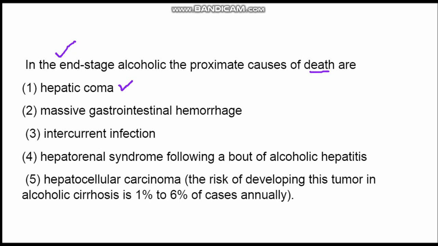Because of portal hypertension, it can lead to massive gastrointestinal hemorrhage. It can lead to infection, hepatorenal syndrome, and it can also lead to hepatocellular carcinoma. Around 1 to 6% of persons developing alcoholic cirrhosis go on to hepatocellular carcinoma. So these are the end stage causes of death in alcoholic liver disease.